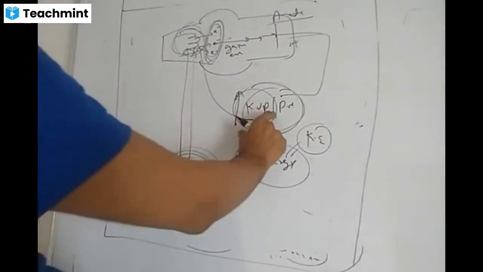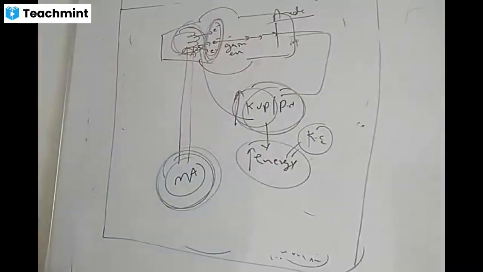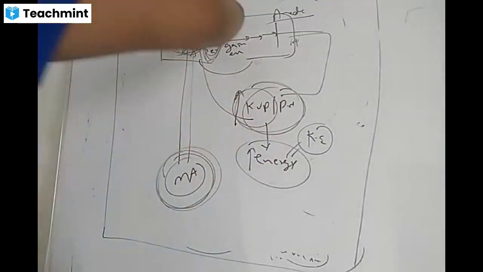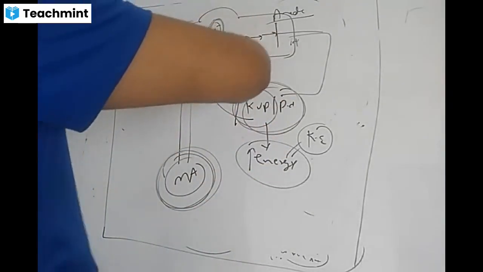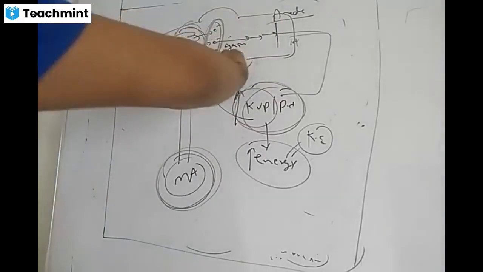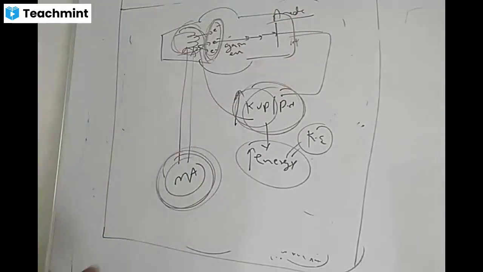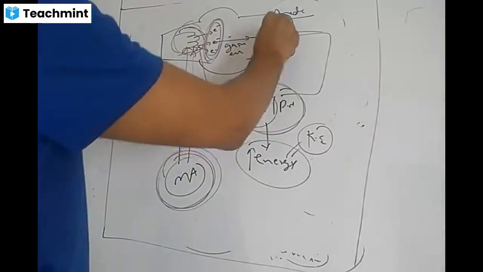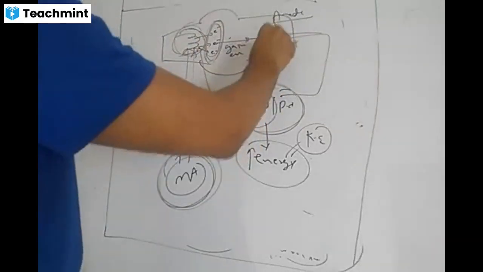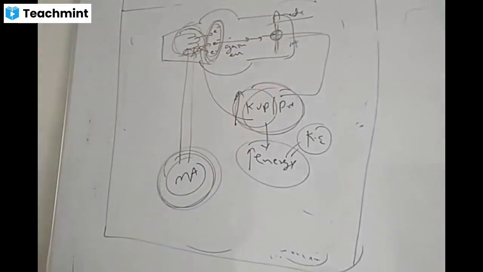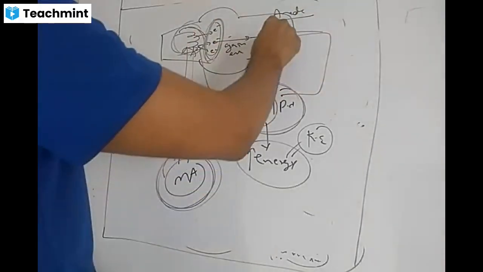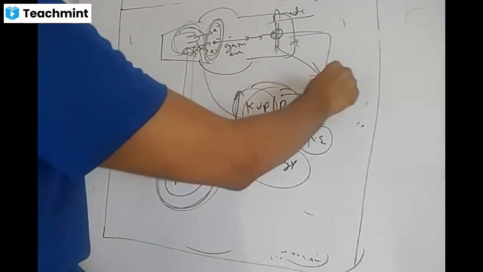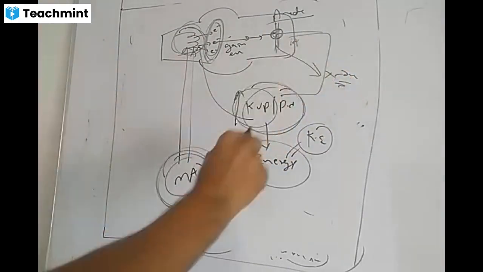Because of kinetic energy, they are moving toward the anode. So more kVp means we are giving more kinetic energy to the electrons. They will move with that kinetic energy towards the anode. The more electrons reach here, the more strike the target, and the more X-rays are produced.